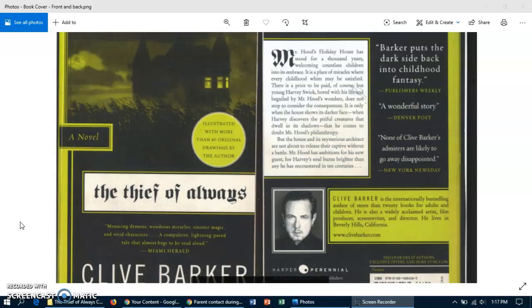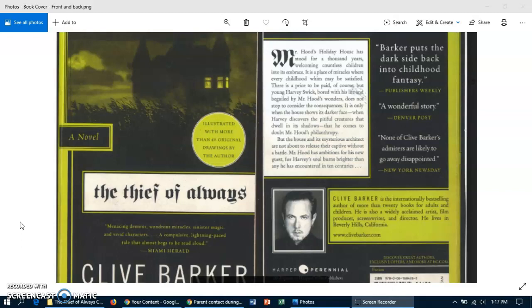Mr. Hood's holiday house has stood for 1,000 years, welcoming countless children into its embrace. It is a place of miracles where every childhood whim may be satisfied. There is a price to be paid, of course, but young Harvey Swick, bored with his life and beguiled by Mr. Hood's wonders, does not stop to consider the consequences.